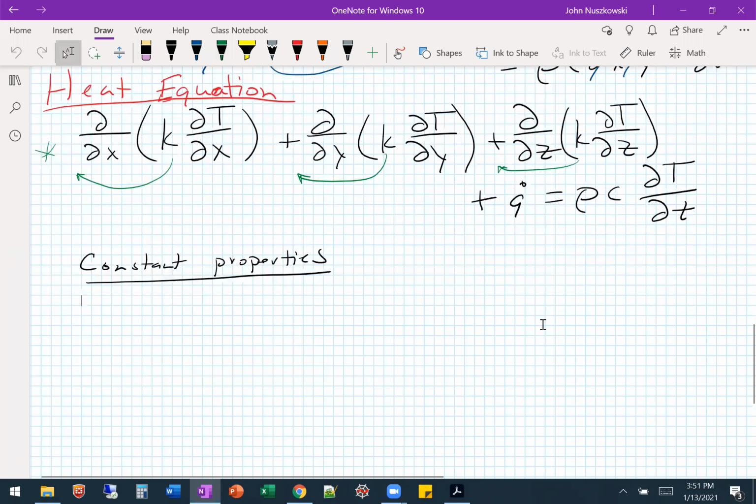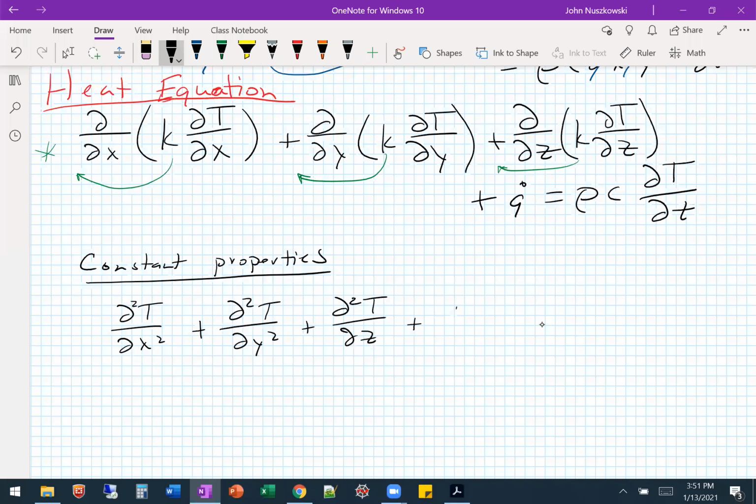And then we would include that. But with other materials, we can say constant properties, and that pulls k out. So I pulled it out of each of them and then divided it.